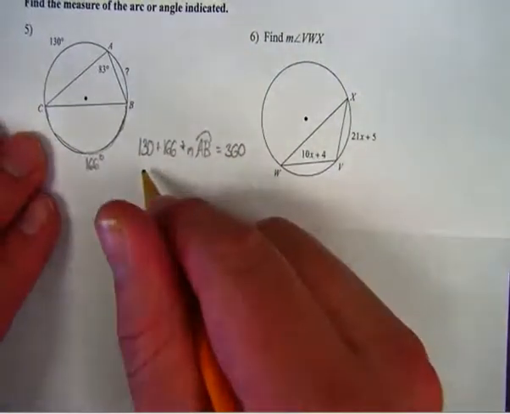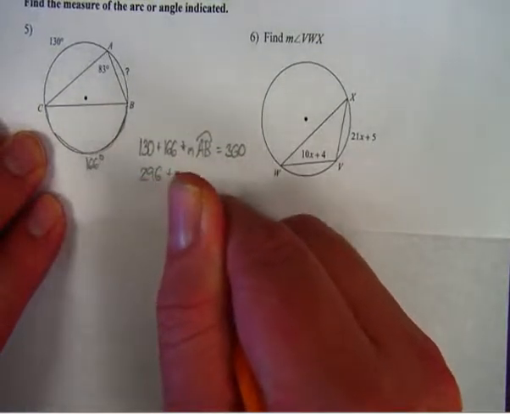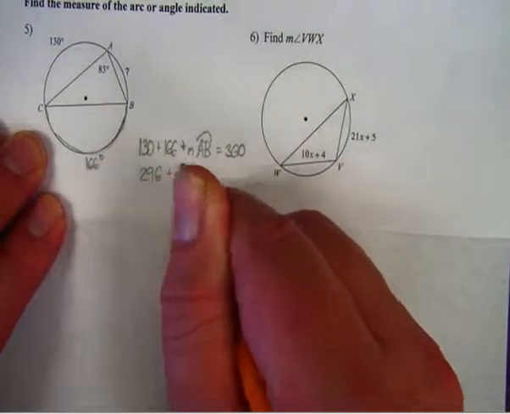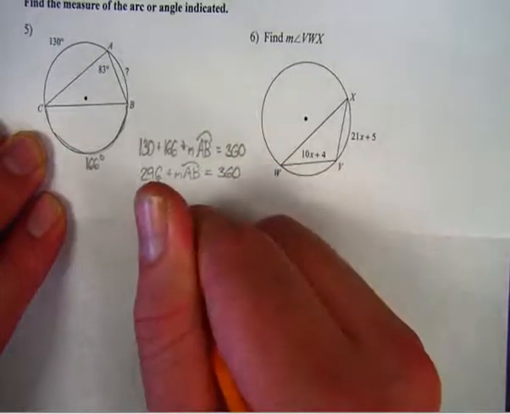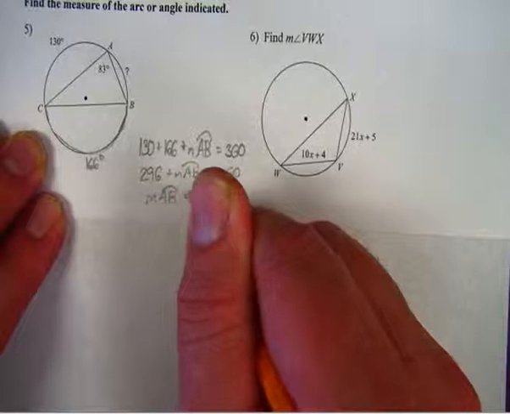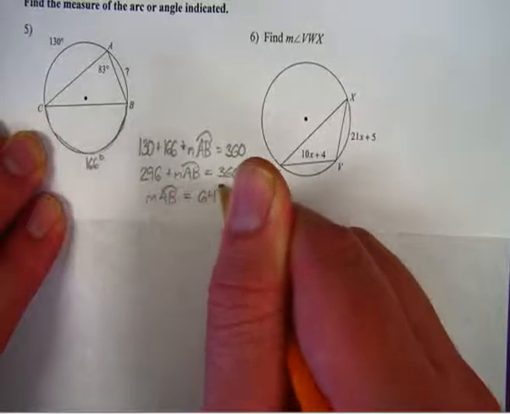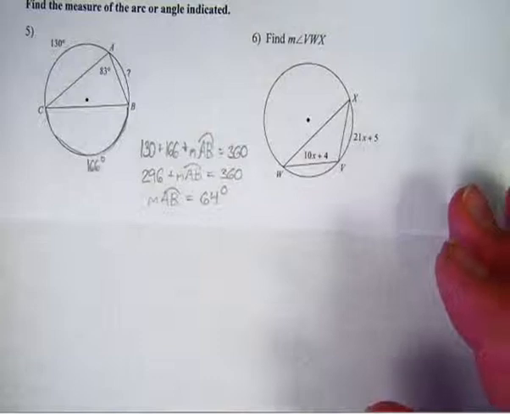So 130 plus 166 would be 296 plus the measure of arc AB is 360, and with a little bit of subtraction I find that the measure of arc AB would be 64 degrees.